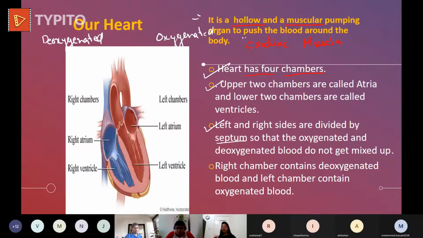So lungs will remove the carbon dioxide, and oxygen will come in, and that oxygen rich blood will be given to the heart, and then the heart will pump that oxygen rich blood to all parts of the body. That's the only function of the heart.